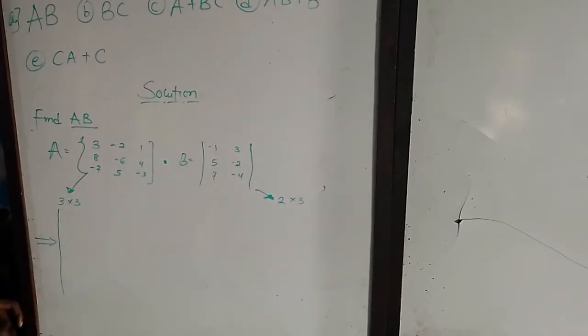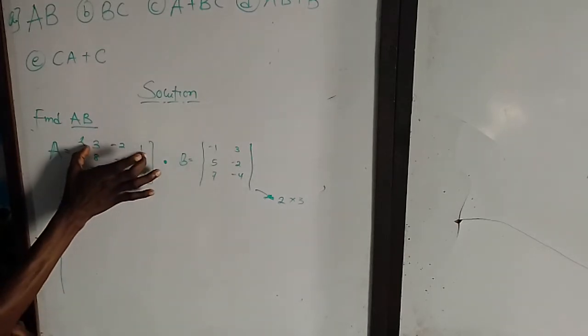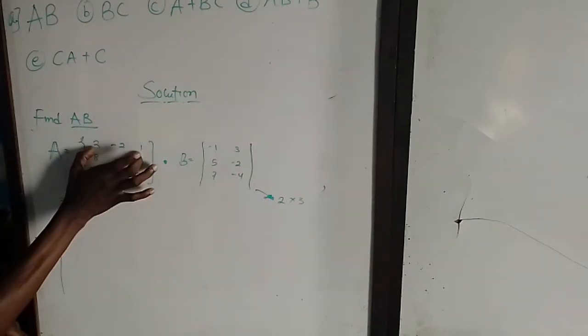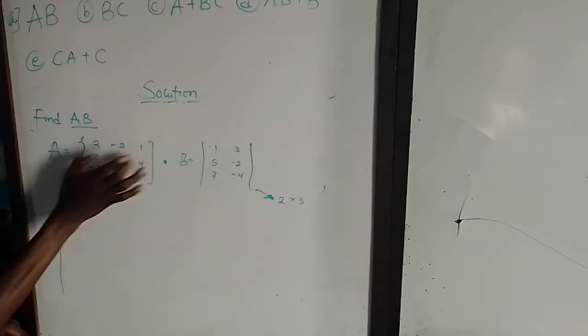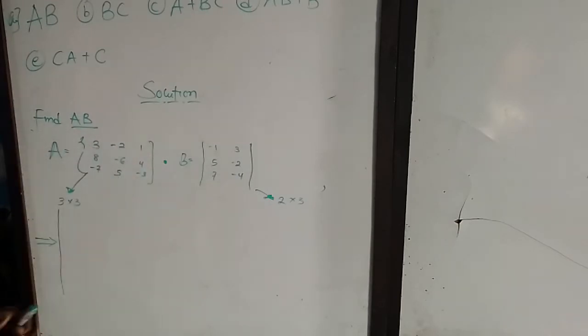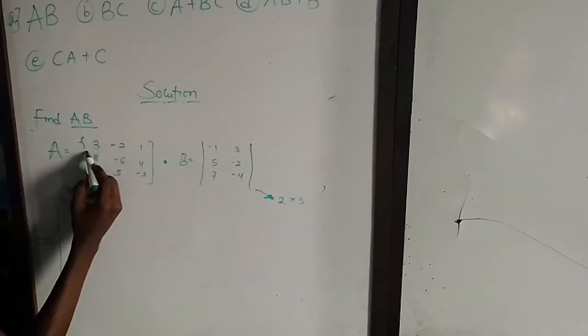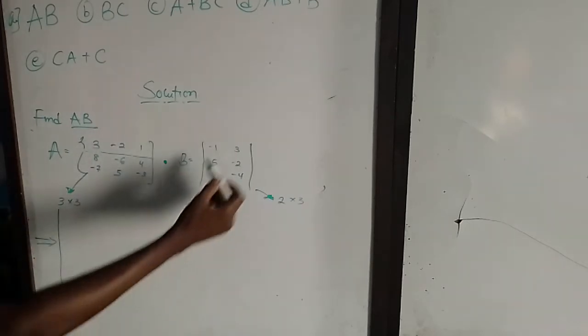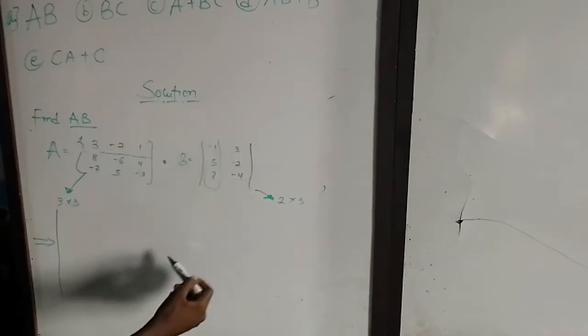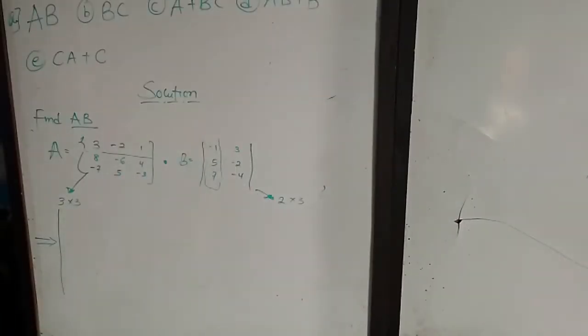Then we are going to solve, we are going to multiply our row, our first element in the rows of the 3 by 3 matrix. This is our first element. We'll pick it. Then we multiply it with our first column and our second column.